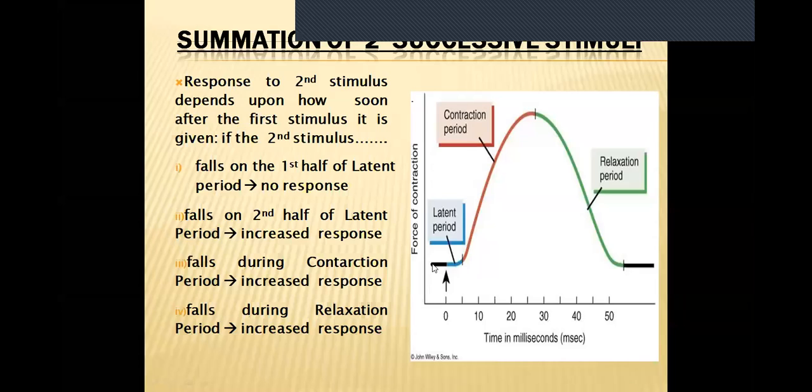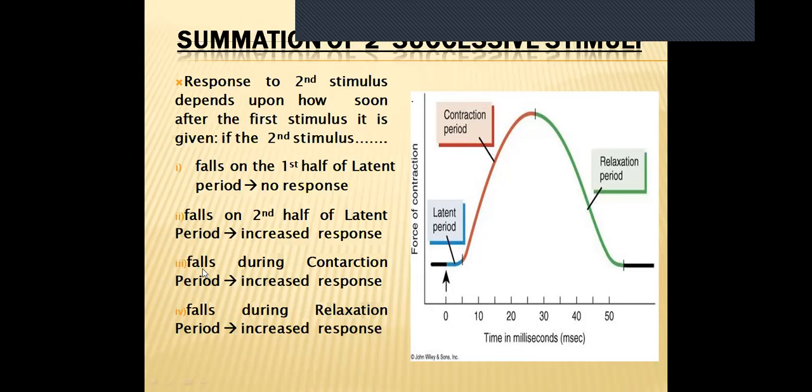Response will not be in increased form. If the second stimulus is given in the second half of the latent phase, in this blue phase, some increase will be there in the successive response.